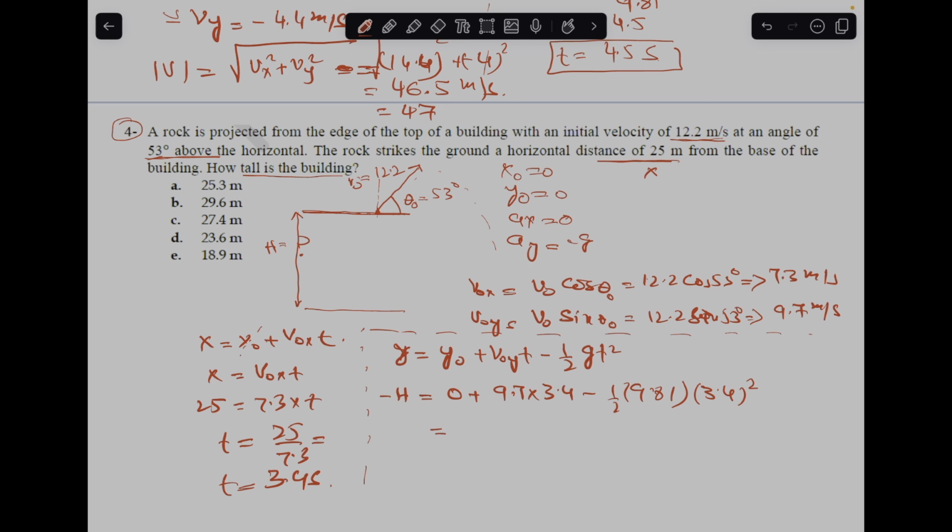Calculating this, we get the height, which is 23.6 meters. This is your answer.